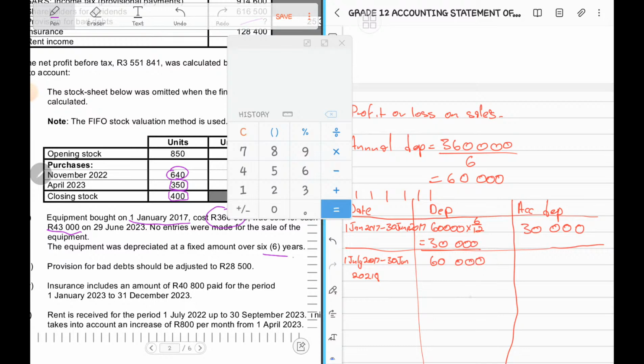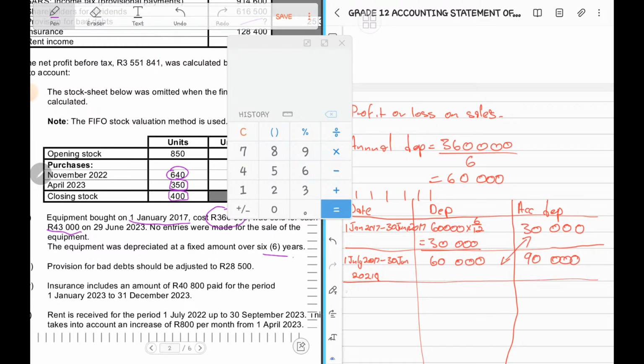Now if we want to find the accumulated depreciation, we are going to consider the accumulated depreciation from the previous period, and we are going to add it with the depreciation for the year. So 30,000 plus 60,000 will give us 90,000.